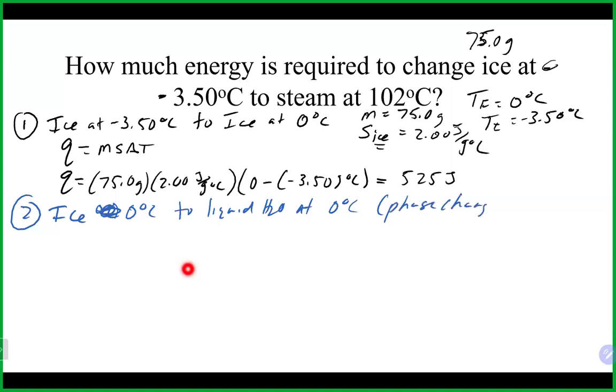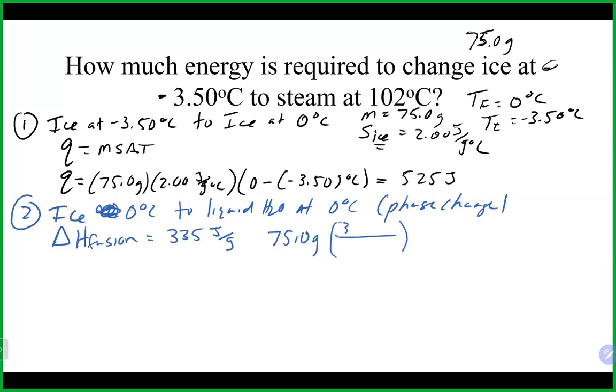With a phase change, that is where we're going to use our heat of fusion. For water specifically, it's roughly 335 joules per gram, which is what we're going to use. That's that 6.02 kilojoules per mole number as well. So we take our 75 grams of water and multiply it by the heat of fusion.